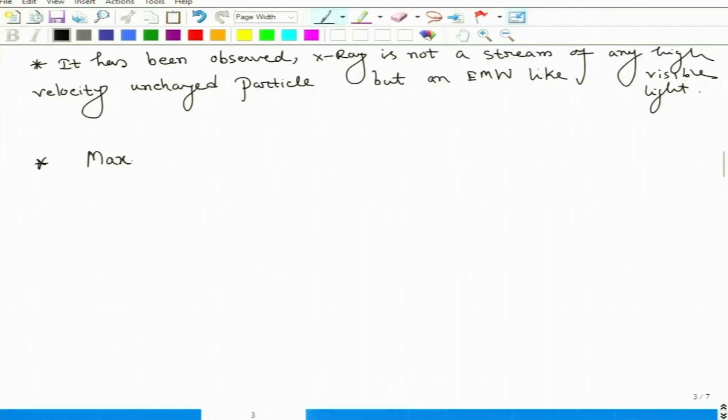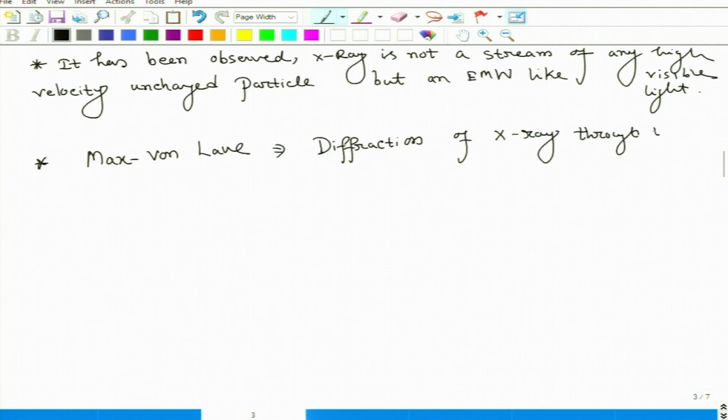Then what is the X-ray? At that time, Max von Laue did some experiments and observed the diffraction of X-ray through three-dimensional crystals, meaning solids.